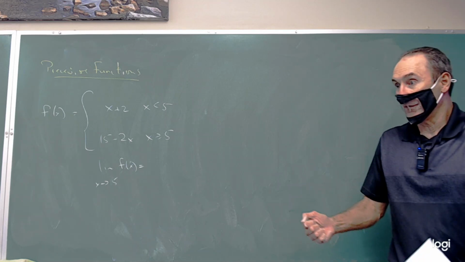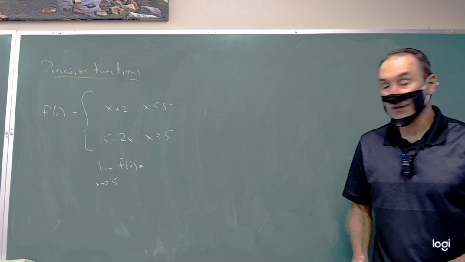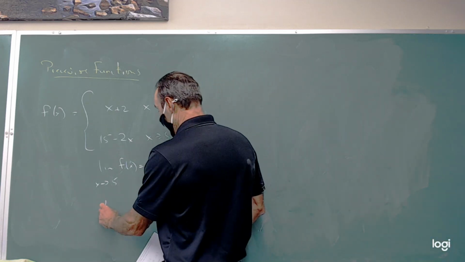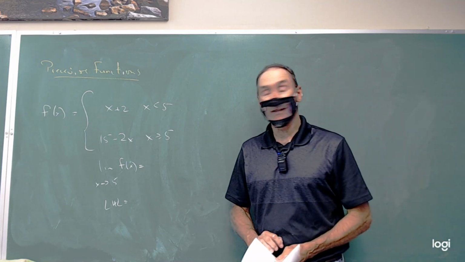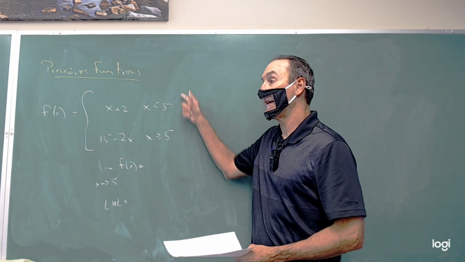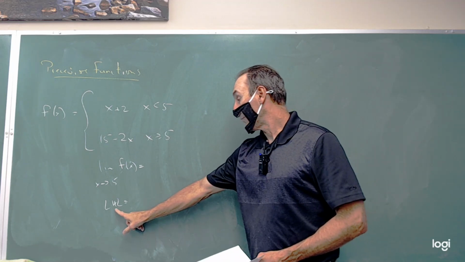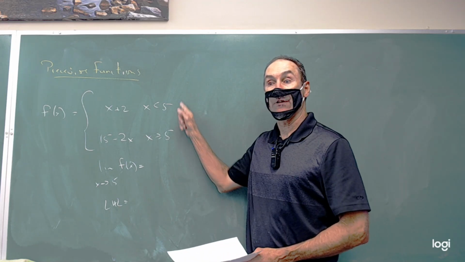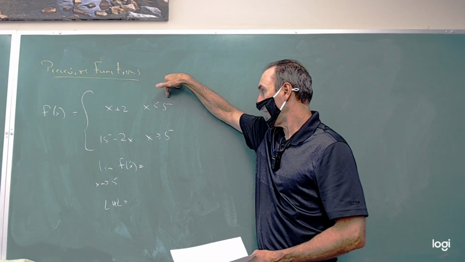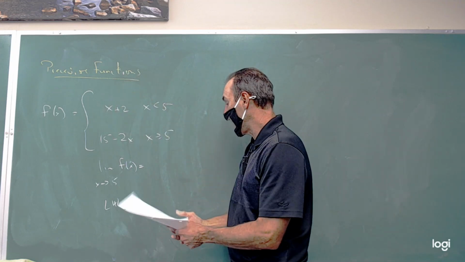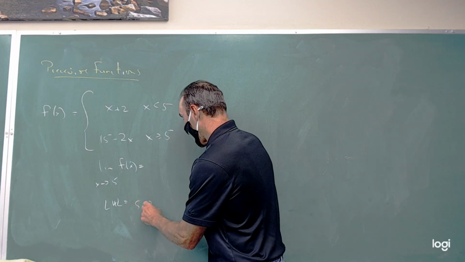Okay, well, for a limit to exist, the left-hand limit must be equal to the right-hand limit. So we can say the left-hand limit, as we approach using numbers less than 5, which track are we on, top or bottom? If we're using numbers less than 5, top. Is that what you said? Okay, you were right. Then that's going to be 5 plus 2, which is equal to 7.